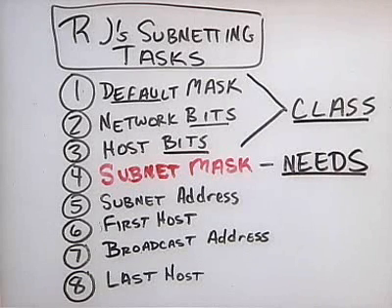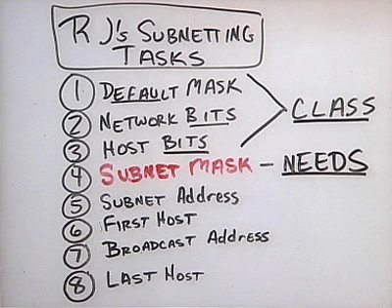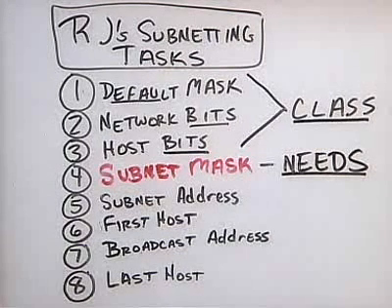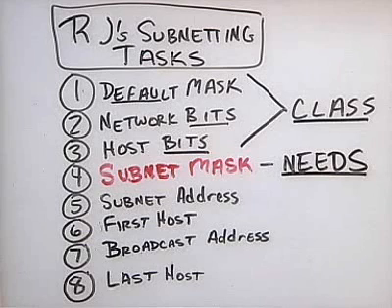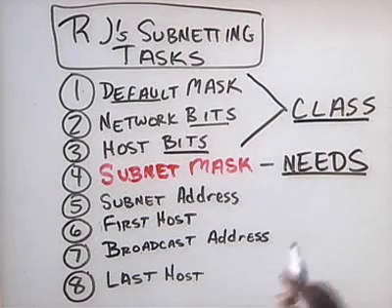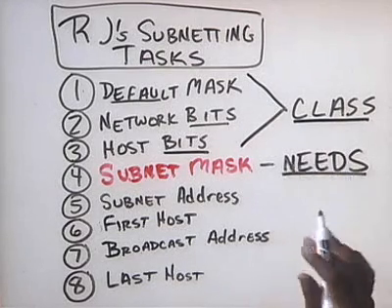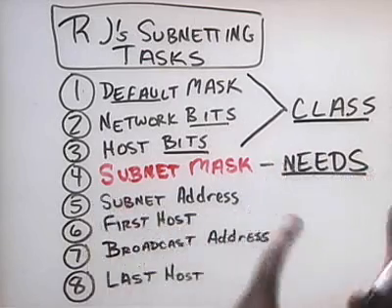Now I say that sort of tongue-in-cheek because a lot of times people want to make the subnetting concepts a lot deeper than they are. The reality is the reason why we come up with a subnet mask is based on the needs of the given situation. Another way of referring to these needs would be customer requirements.